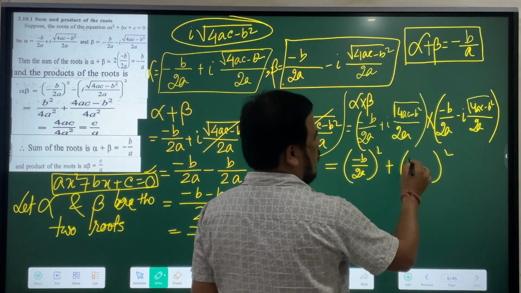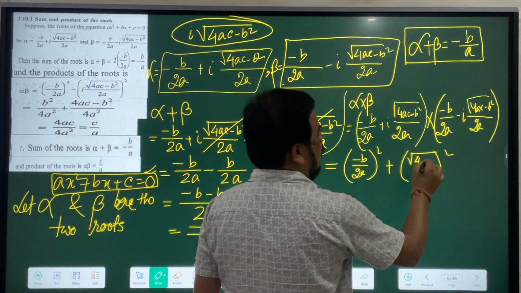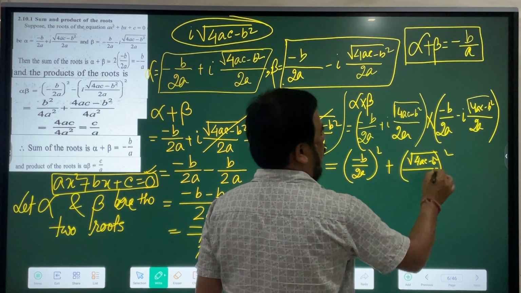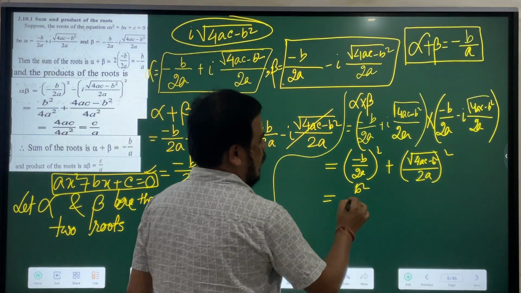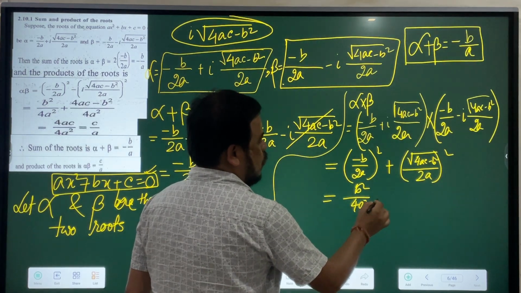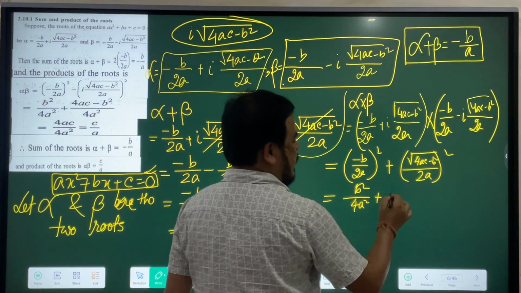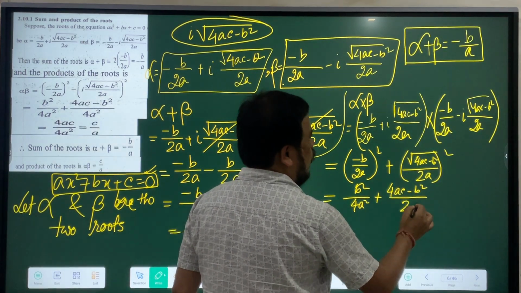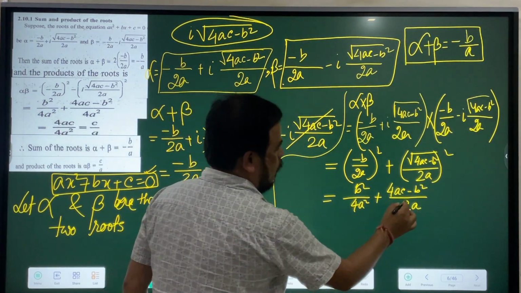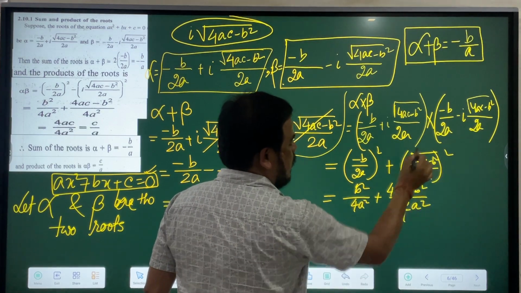What is b? Square root of 4ac minus b square by 2a. So minus b squared is b square by 4a square, plus 4ac minus b square by 4a square, since 2a square is 4a square.